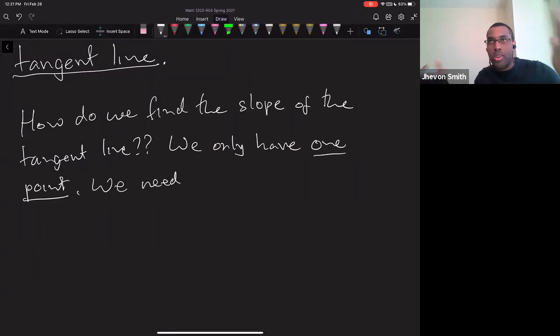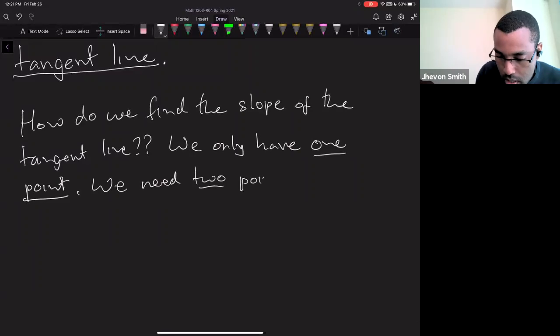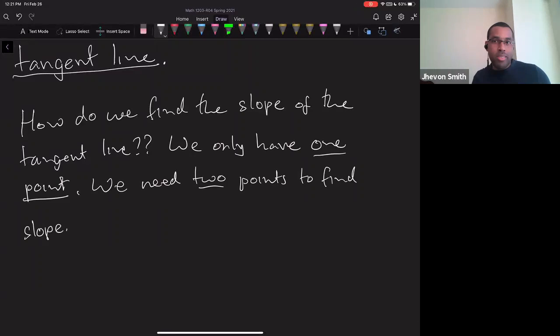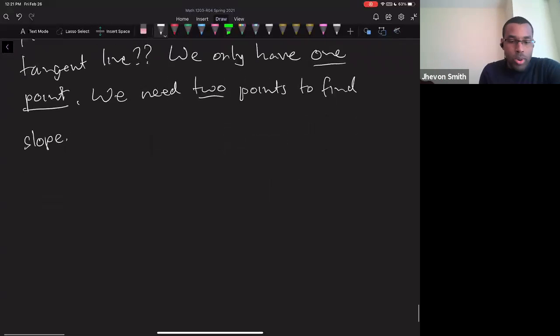You need y2 minus y1 over x2 minus x1. So I guess now we give up. We can't solve the problem. It's impossible because we only have 1 point. Of course, it's not impossible, right? Math people, what you do is when you figure out simple situations, you try to apply those to more complicated problems. So here's how we actually do it.